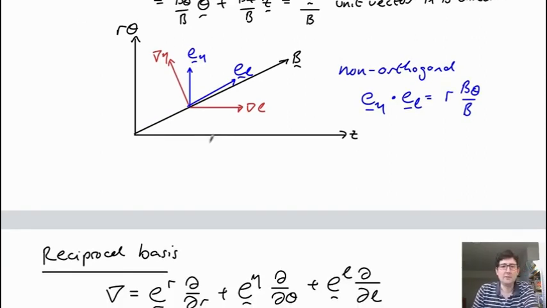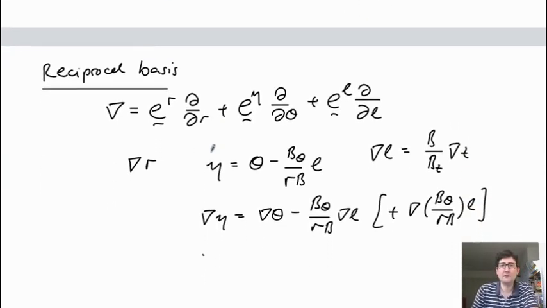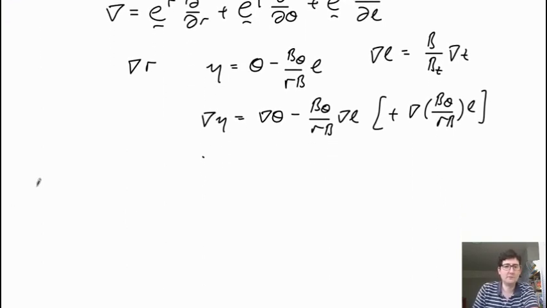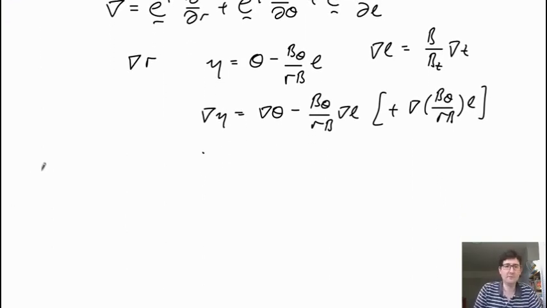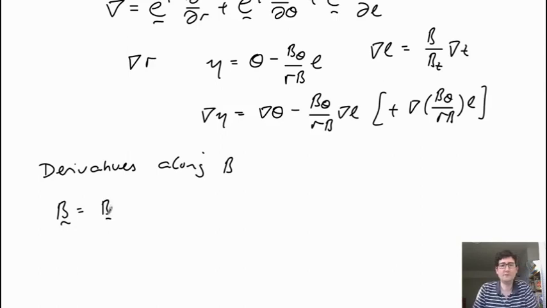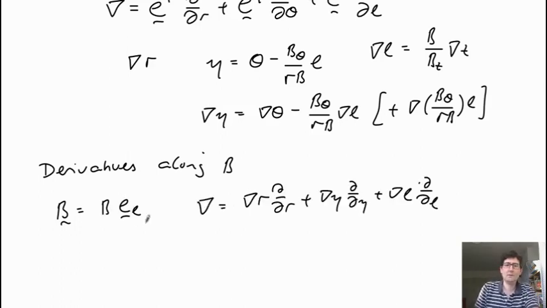Okay, so the whole point of this was to write the parallel gradients. So if you have parallel gradients along B, so derivatives, you can write that B is just the magnitude of B times a unit vector in its direction. This is just EL, which is a unit vector along B. And so we're going to take the dot product of B with the gradient, so B dot grad.